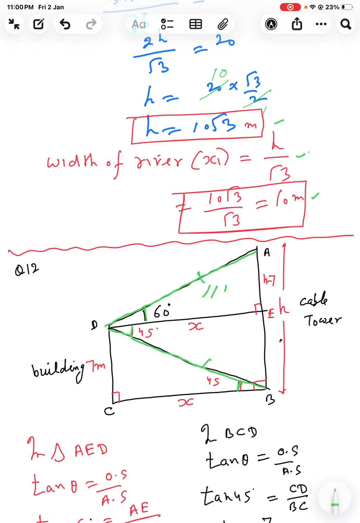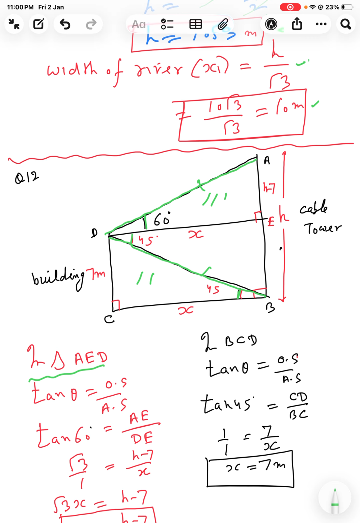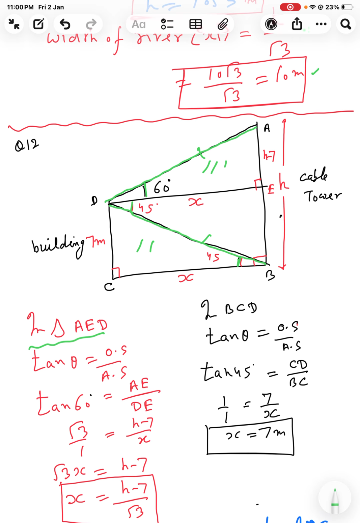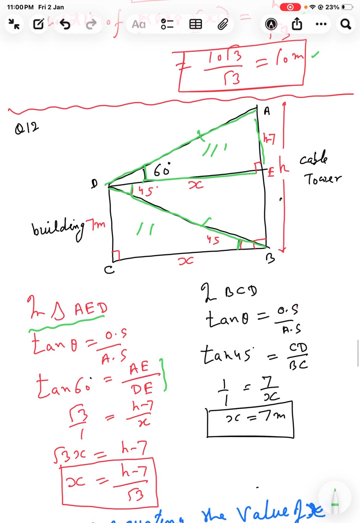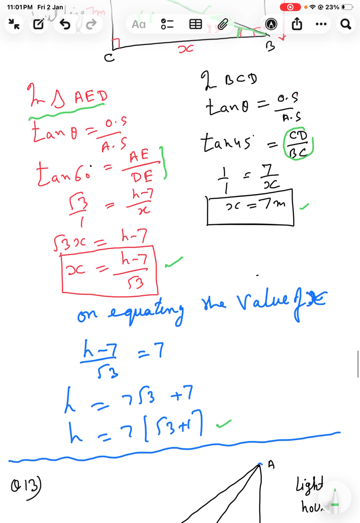Apply tan theta in this triangle and in this triangle. In triangle AED, tan 60 equal to AE upon DE. Similarly, tan 45 equal to CD upon BC. x equal to 7 and x equal to this. On equating the values, this is the value of h.